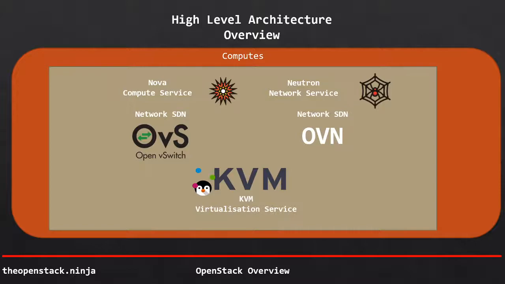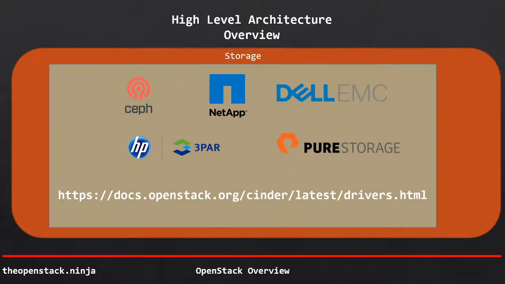So that leaves us with the last item which makes up an OpenStack platform, and that's storage. Now, storage on OpenStack is flexible, very, very flexible. You can use pretty much any of the major SANs that exist in order to provide storage, and I've got some listed here: NetApp, Dell EMC, 3PAR, Pure.